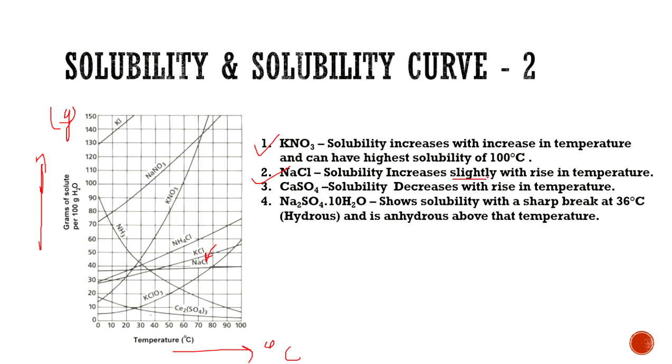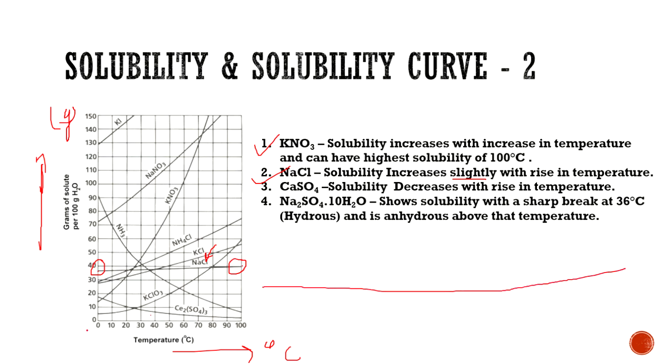It was 37 or 38 gram of sodium chloride. When it reaches 40 gram of sodium chloride, what is the effect of temperature? It has only slightly increased. If you observe this graph, it was here, but now it is here. That means a slight growth, it slightly increases like this.